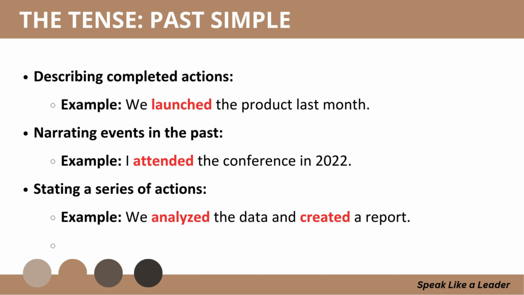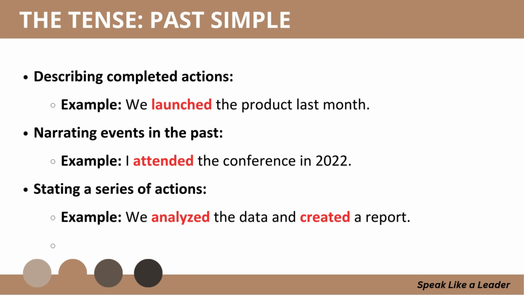When you're describing something that happened in the past and was completed, you use the past simple. For example, we launched the product last month. So whenever you have a time frame in the past, you use the past simple. When you're narrating, when you're describing events in the past, I attended the conference in 2022.